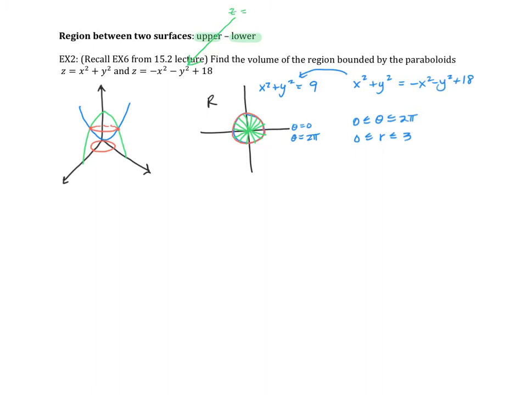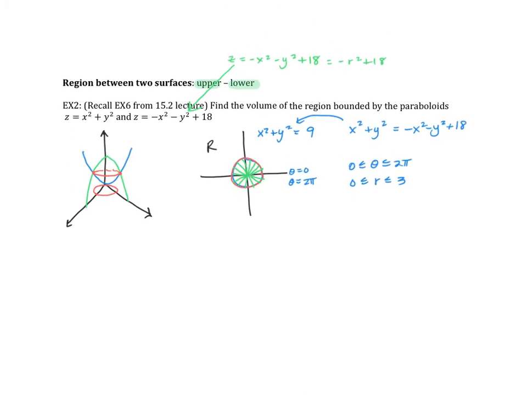So if z is equal to negative x squared minus y squared plus 18, the negative x squared minus y squared is going to be negative r squared plus 18. And then the lower function is x squared plus y squared, so that's z is equal to r squared. So again, I have to switch everything to polar, including the integrand.